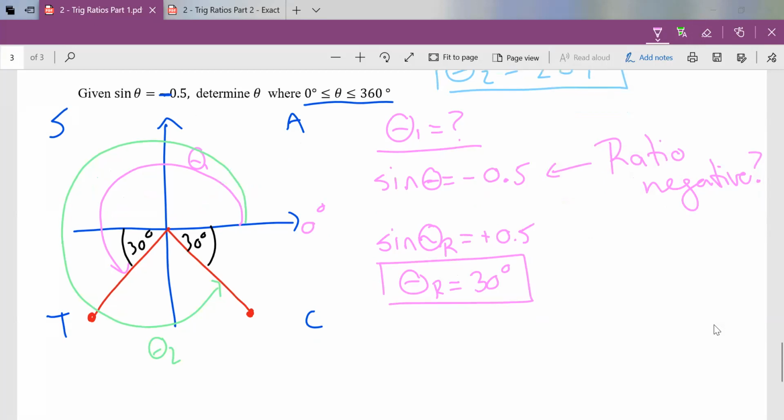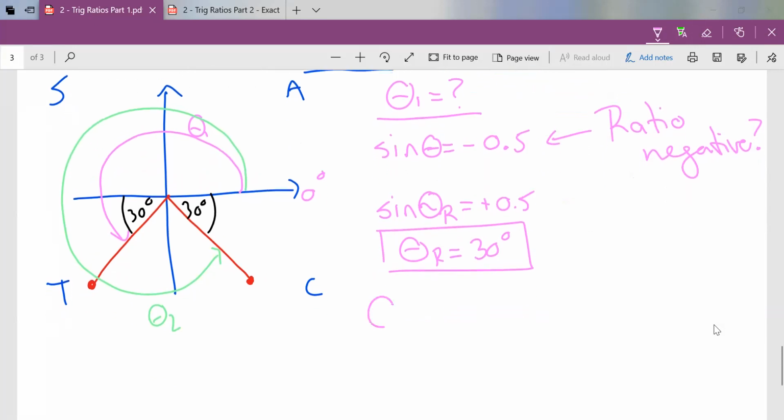Well, if we started here and traversed all the way to there, that's 180, isn't it? So how do we get the rest of the way? Well, I'm going to say theta 1 is 180 plus my reference angle. Hey, that's 210. There's theta 1.